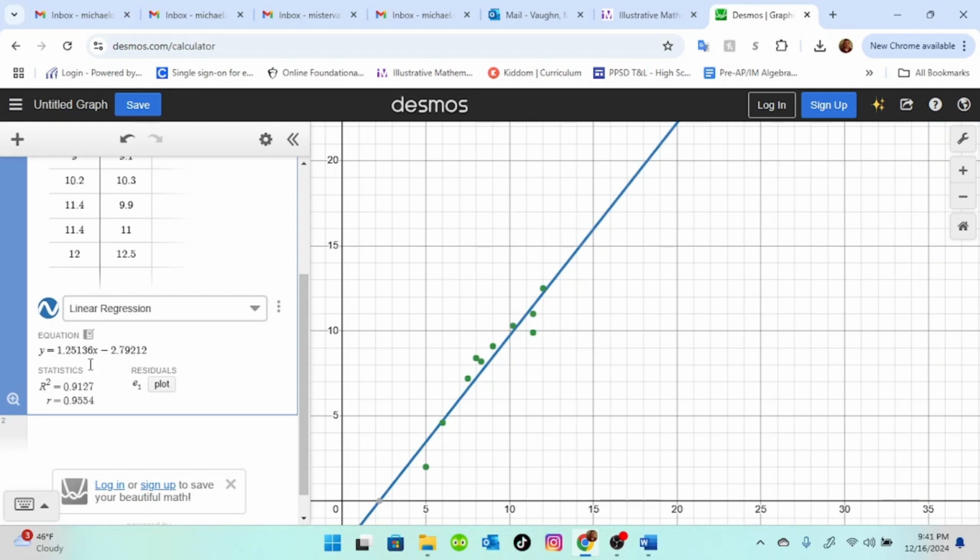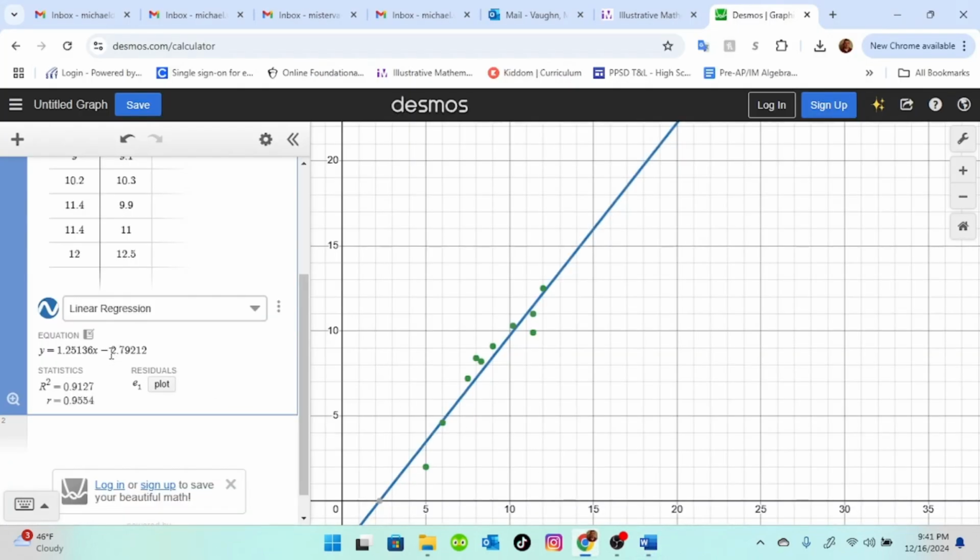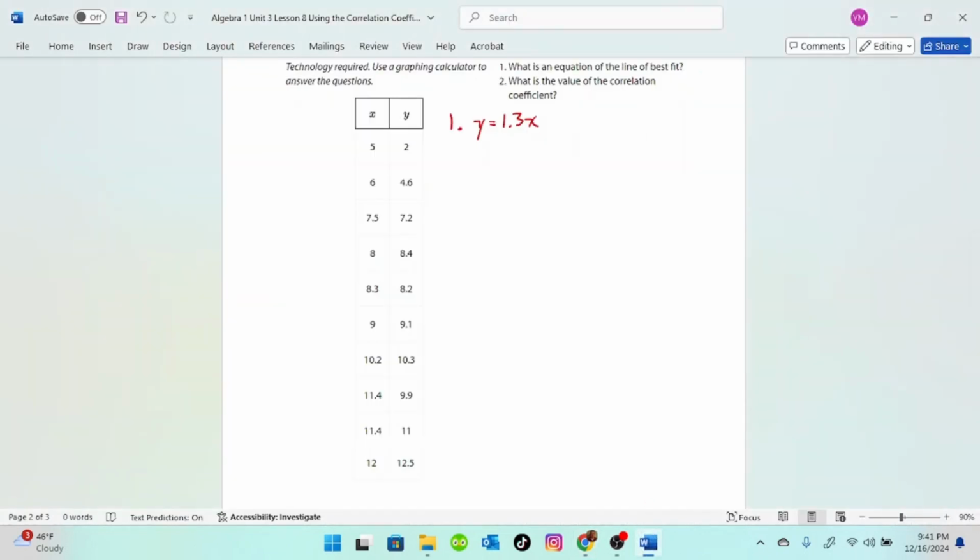So y equals 1.3x and then we see the b, which is minus 2.8 because the 9 tells us to round the 7 up to an 8. So minus 2.8. And this is the equation for the line of best fit.